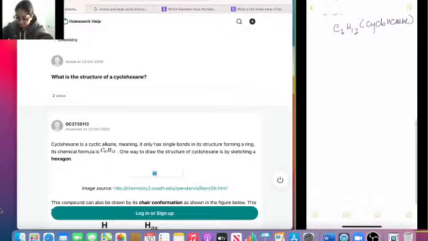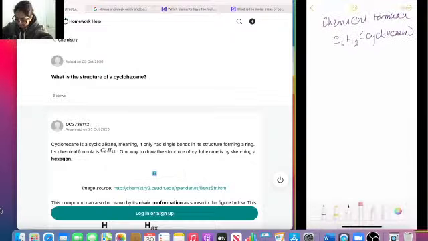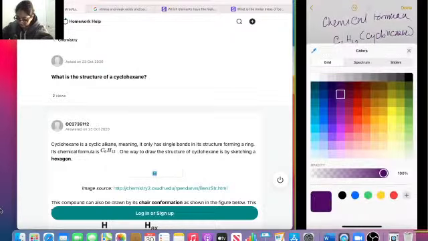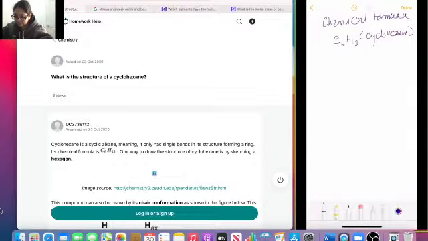Okay, and so you can also draw this in a chair conformation, where the conformation is considered the most stable.